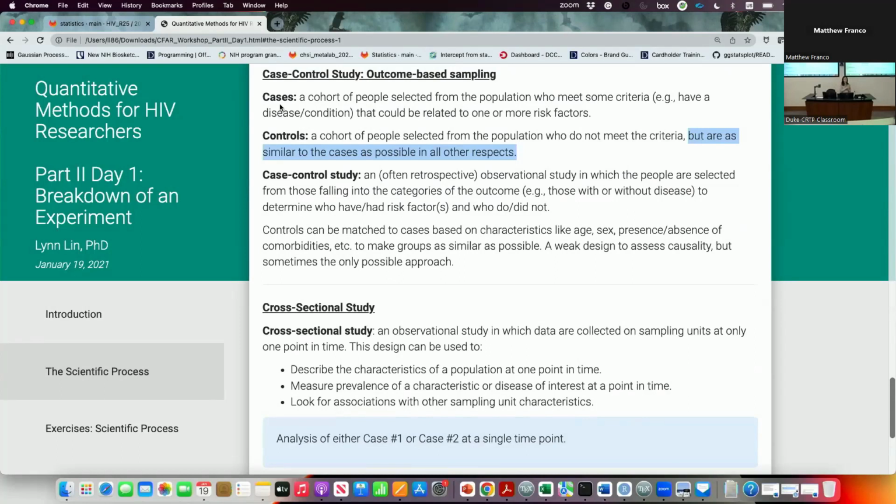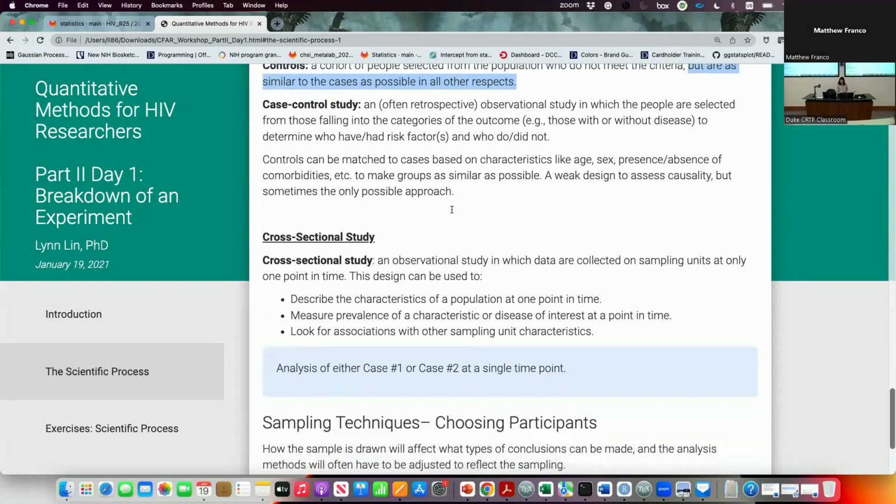We want to reduce confounding factors as much as possible, because I don't want to introduce some systematic bias. For example, if one cohort is all young people and the other is all older people, maybe age will be the factor influencing the outcome, but not the specific risk factor I'm interested in studying.